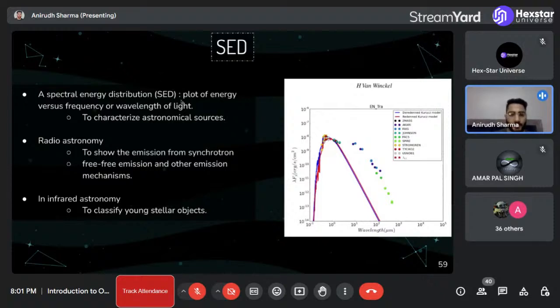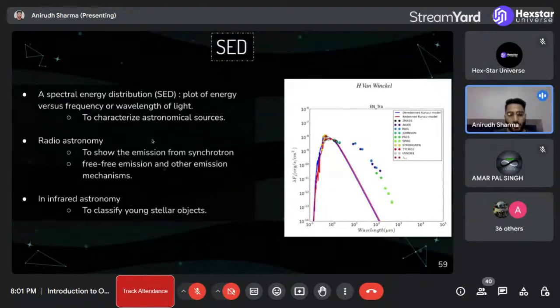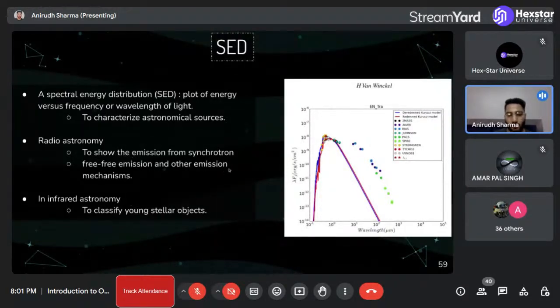So spectral energy distribution is a plot of energy versus frequency or wavelength of the light. It is used to characterize astronomical sources, and in radio astronomy to show emission from the synchrotron or free-free emission and other emission mechanisms, and in infrared astronomy to classify young stellar objects.